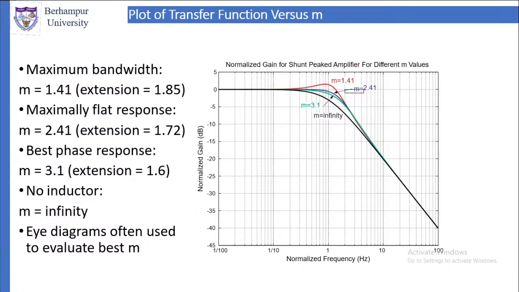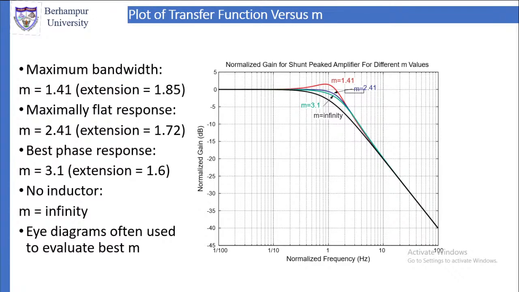Extension is 1.85, omega 1 by omega 2 is equal to 1.85. That is the maximum extension you get. You can see the red curve is for M is equal to 1.45. That gives you the maximum bandwidth.